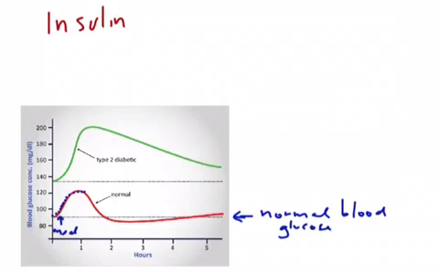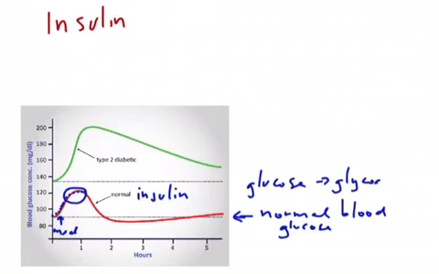So when there's a high blood glucose level, as in up here, insulin is released. Whoops, make sure I spell that correctly. Insulin's released by the pancreas. And the job of insulin is to turn glucose back into a storage molecule called glycogen. So glucose is turned into glycogen and stored.